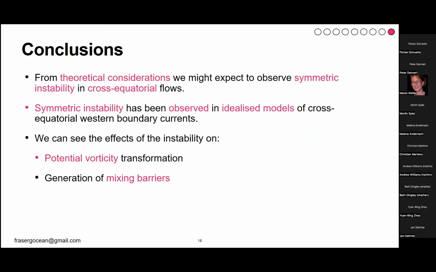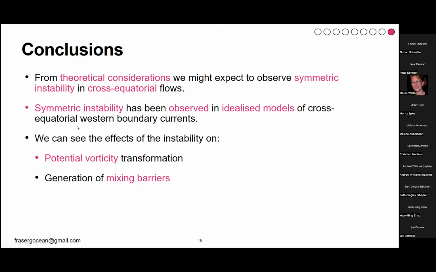So I guess in summary, we've seen that we might expect to observe symmetric instability in cross-equatorial western boundary currents. We've seen that in the surface North Brazil current and the deep western boundary current, which sits below it. We've also observed the symmetric instability in these idealized models. So these models are very idealized.